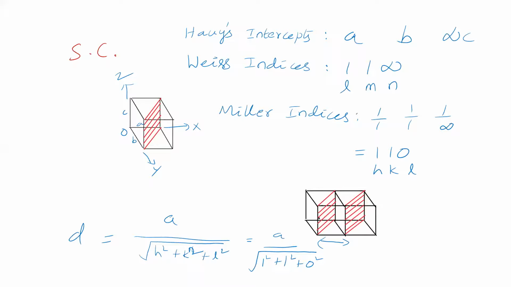D is the distance between successive parallel planes. Next, in simple cubic, we took a face like this. For this face, what are the intercepts? The intercepts are A in the x-axis, B in the y-axis, C in the z-axis.